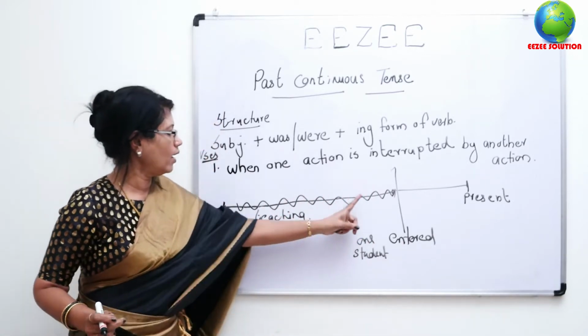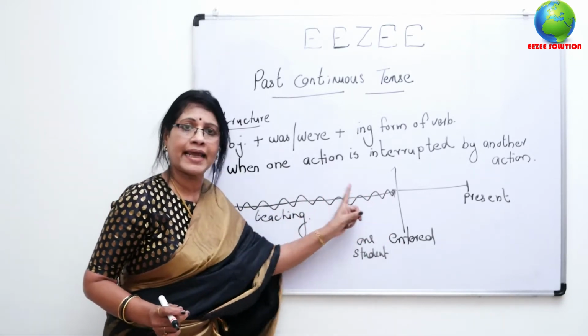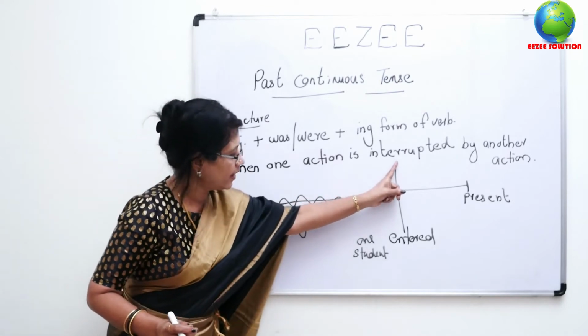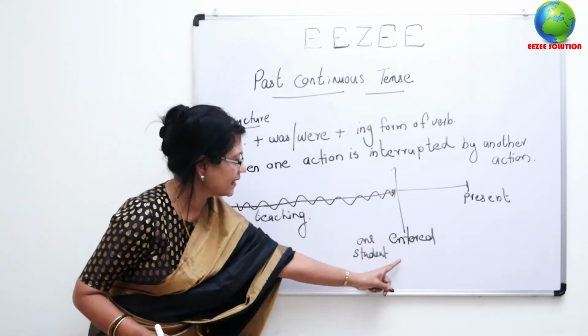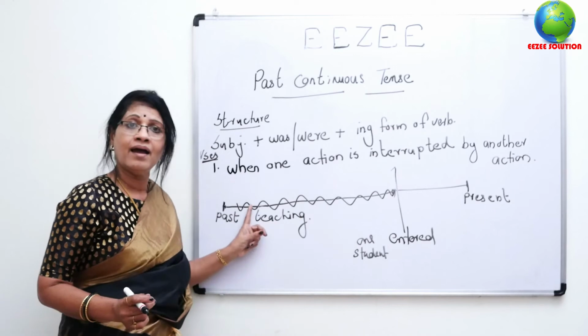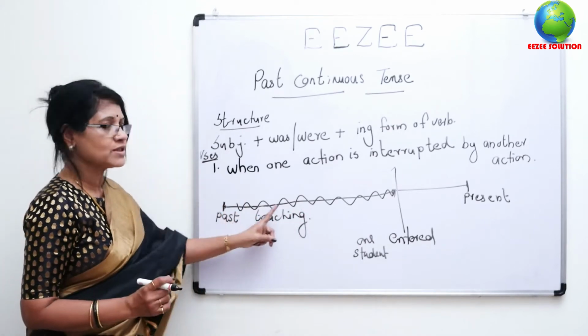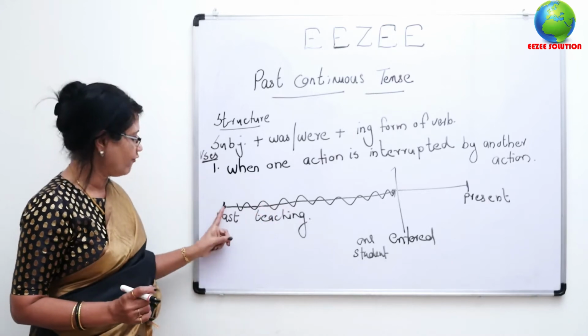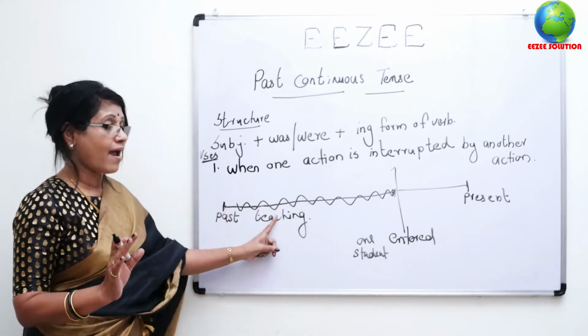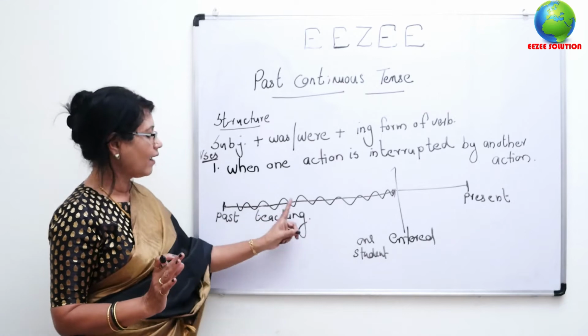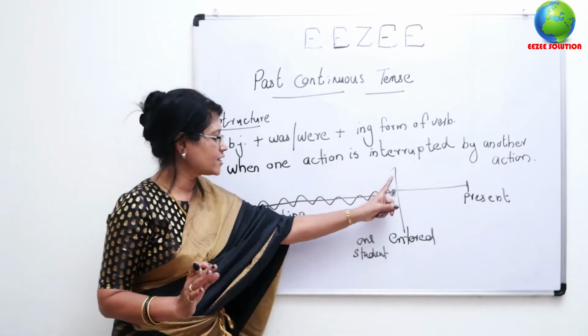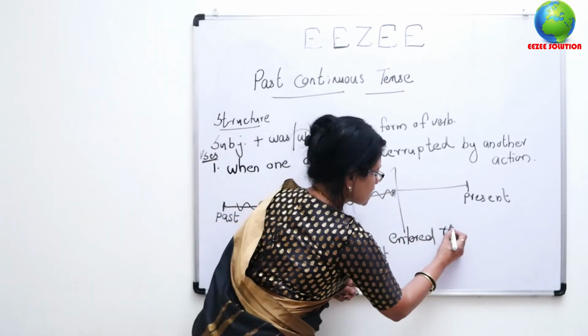One action is a longer action and the other one is a short action. One student, it is the action which interrupted the other action. So, in this case, we can use past continuous tense. While I was teaching, one student entered the classroom.